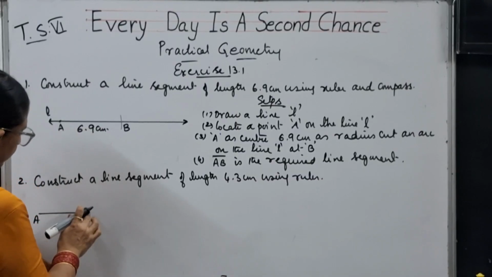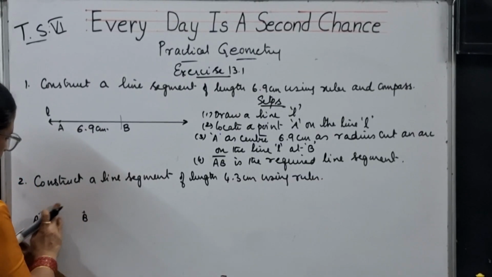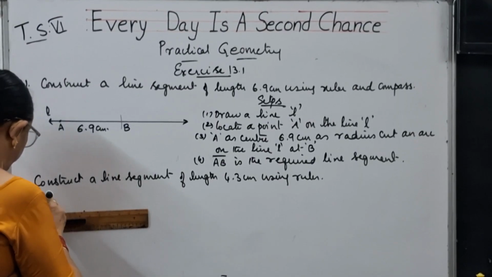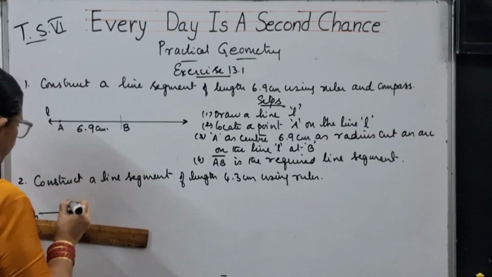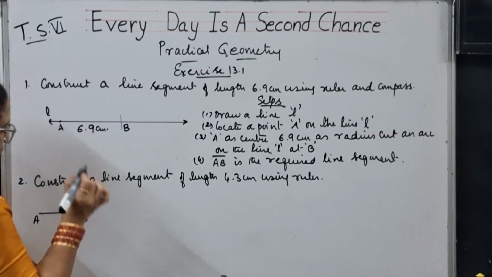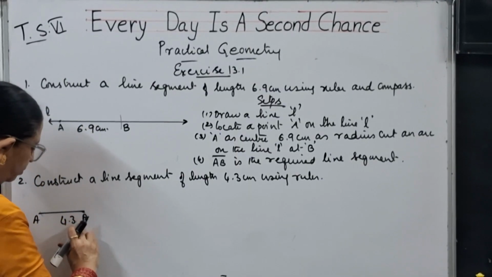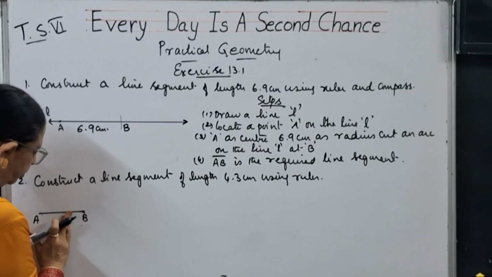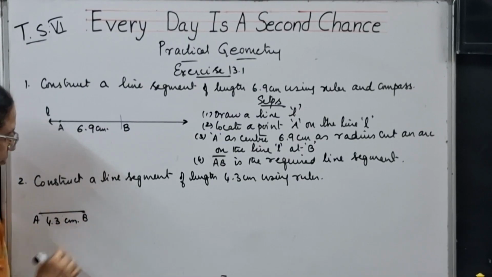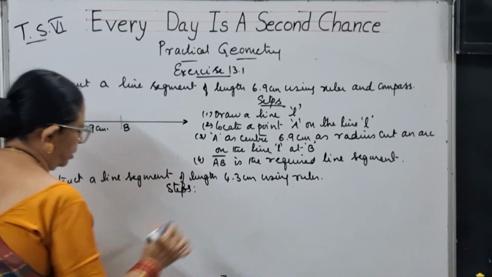AB, 4.3 centimeters. So this is the line segment that you have drawn, children. 4.3 centimeters. So what are the steps that you will write here?